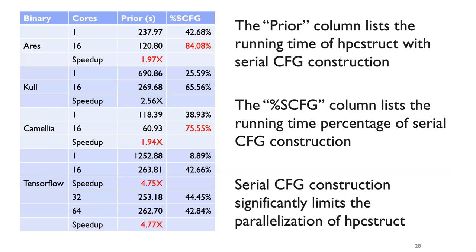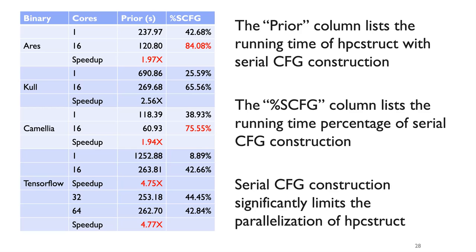Let's first look at results without parallel CFG construction. The prior column lists the running time in seconds of HPCStruct with serial CFG construction. So HPCStruct had a speedup of 2x to 5x with 16 hardware threads. Using more than 16 hardware threads hardly improved performance.